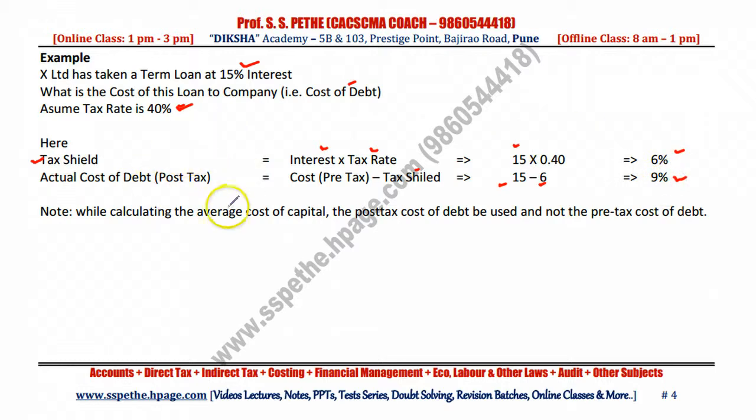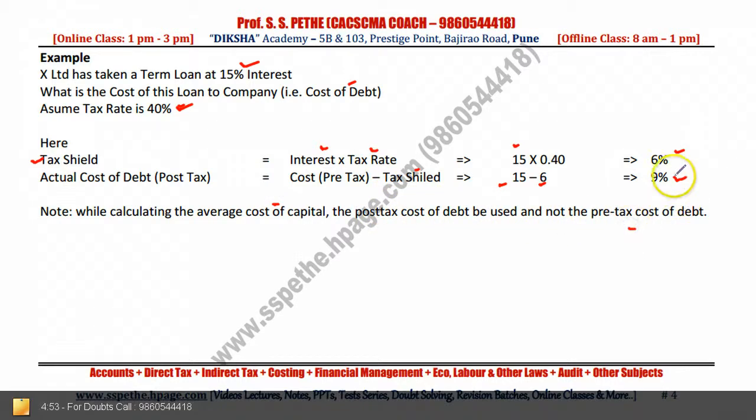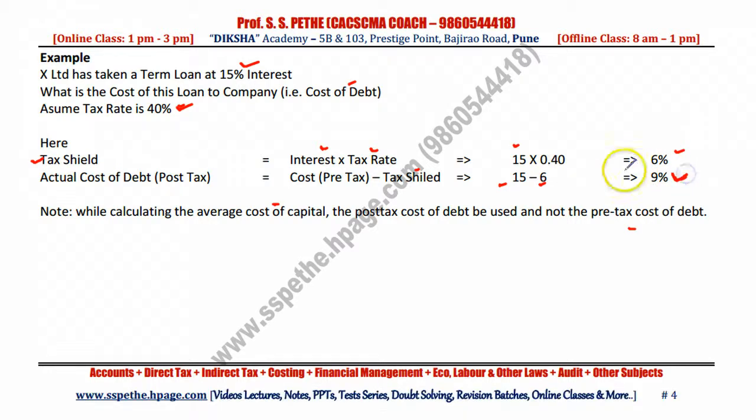You have to remember while calculating the average cost of capital, the post-tax cost of debt be used and not the pre-tax cost of debt. इसका मतलब average cost of capital निकालने के लिए आपको 9% cost of debt लेना है and not 15% cost of debt.